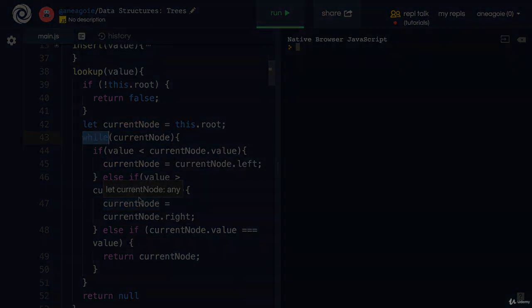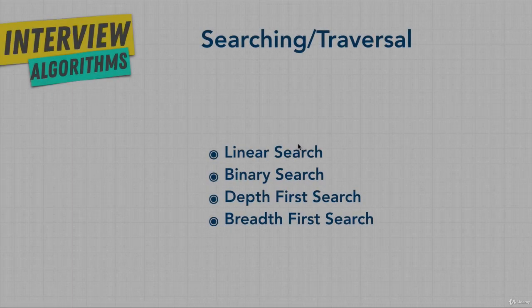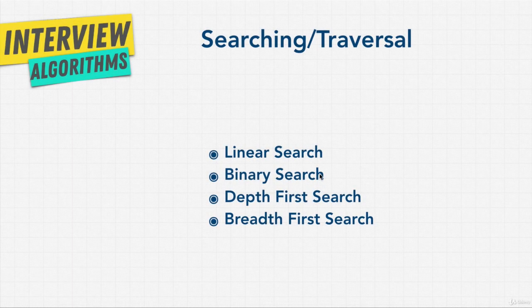So we know how to do linear search and binary search. We know that binary search is going to be log of n time complexity, versus linear search, which is O of n.